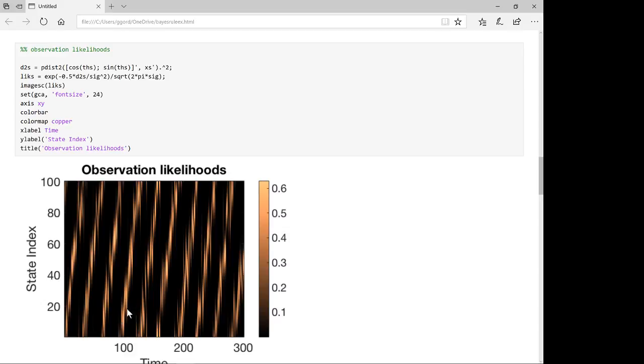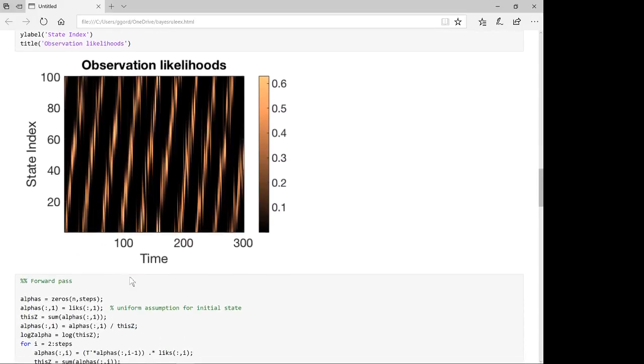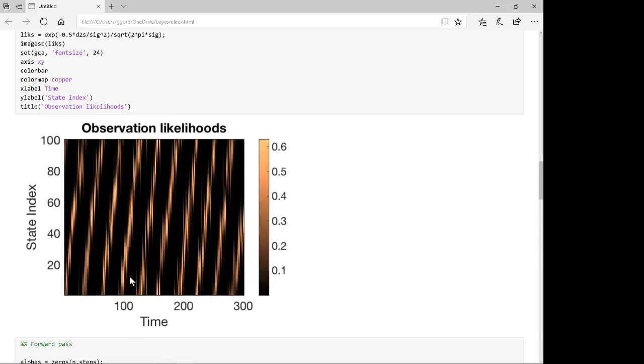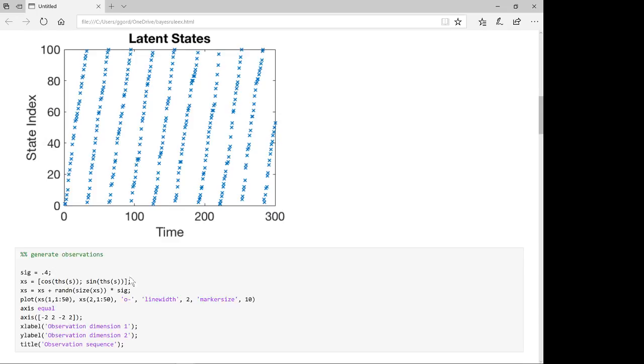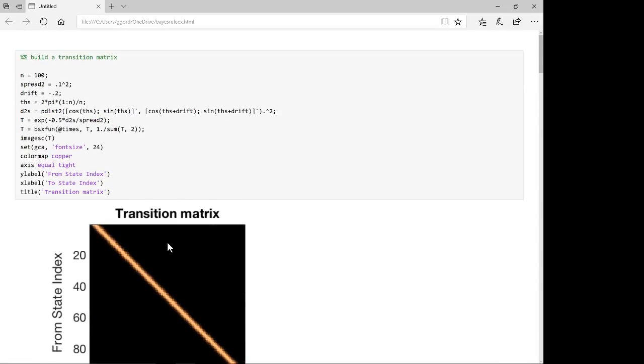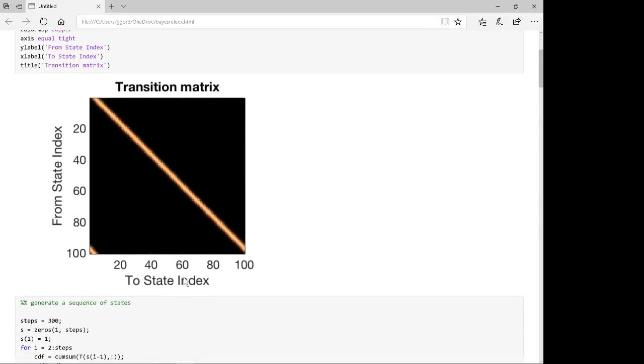We can do that again, so we can now get P of x2 given y1, right, given all of the observations up to the current step, but not including it. The way we do that is just by using these transition probabilities that we defined up here.